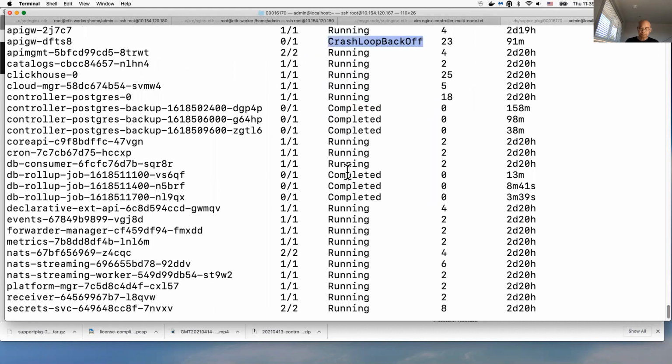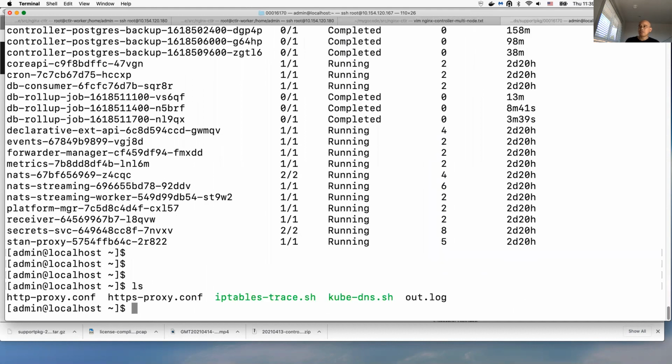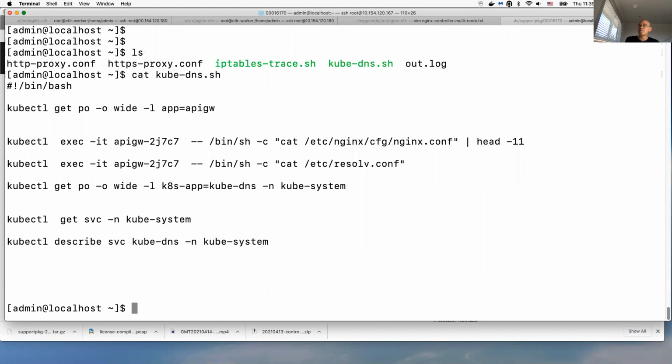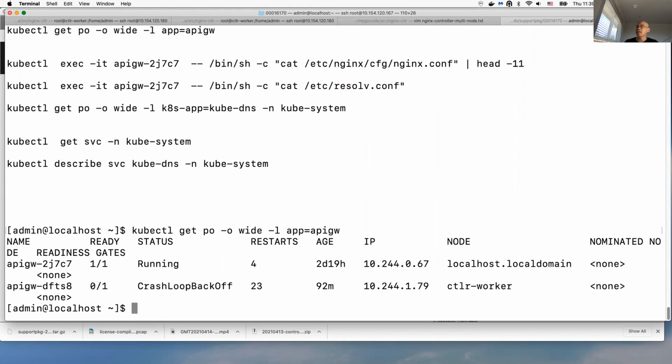Okay. I set up some kubectl commands to make it easy to navigate the Kubernetes cluster system. Let's use this command to list the API gateway pods.